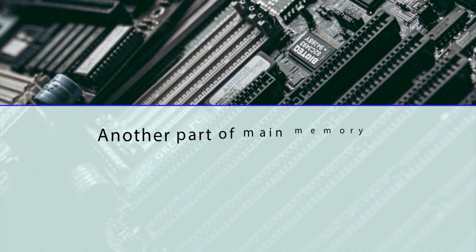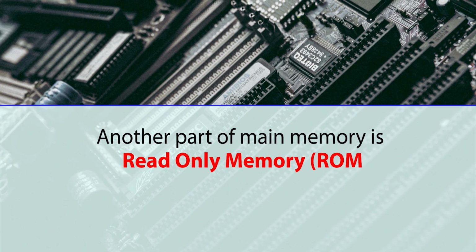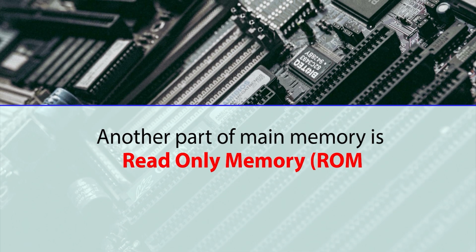But as we discussed, main memory is divided into two types, RAM and ROM. The other part of main memory, the ROM, is referred to as read-only memory. Basically, we cannot write to this memory; we can only read data from read-only memory devices.